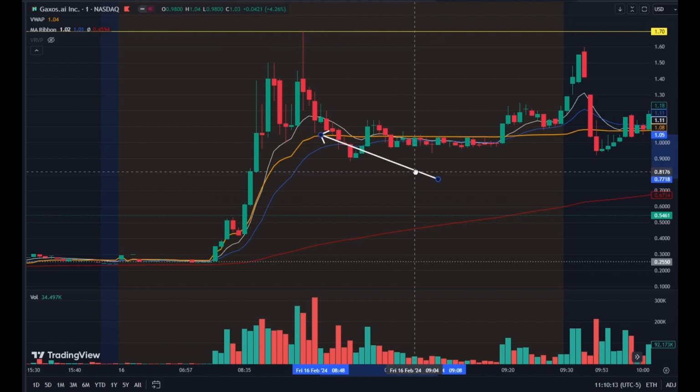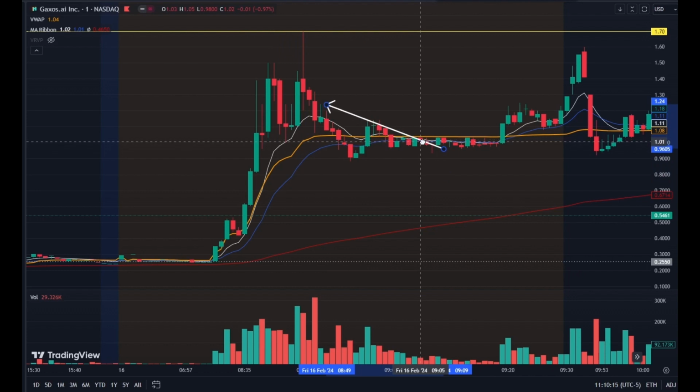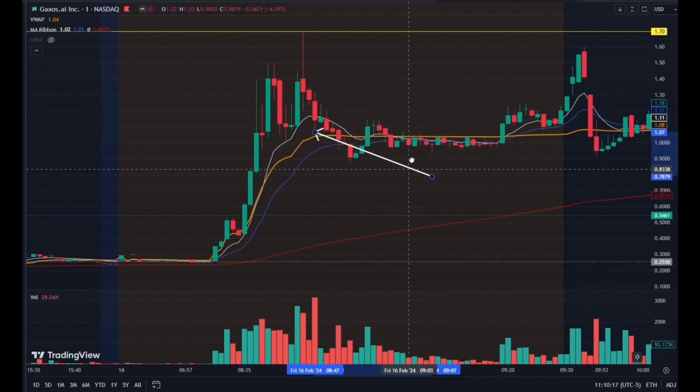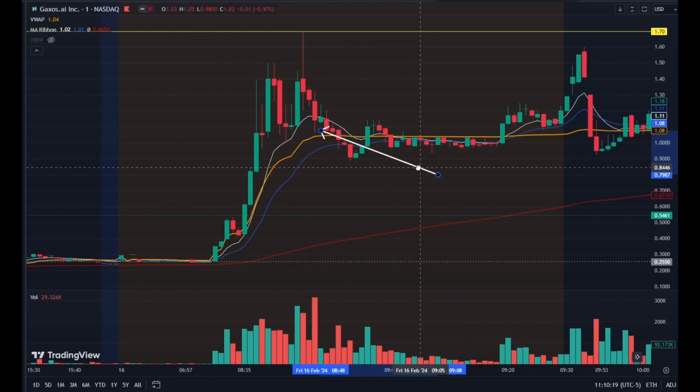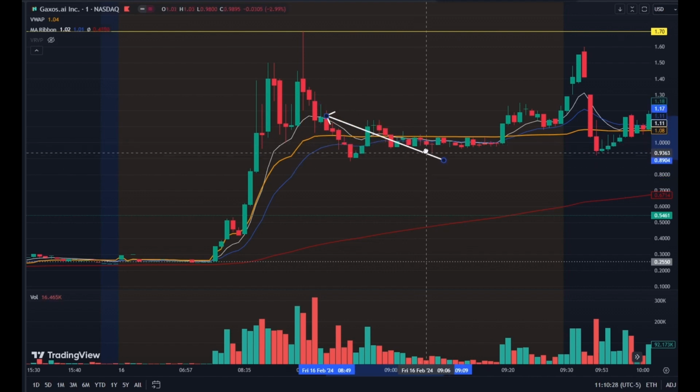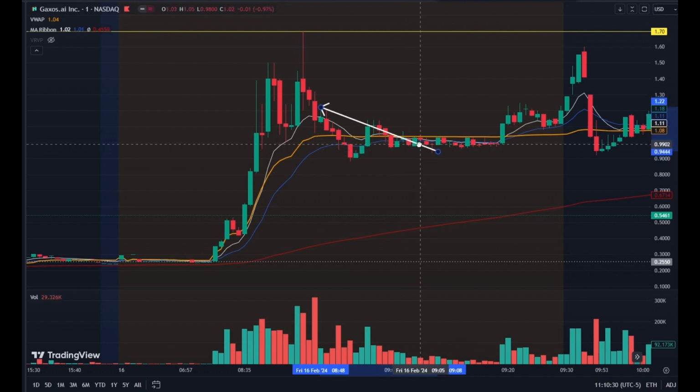So this is showing 105, and it goes all the way to 124. So a 20 cent move on a quick dip, with 1,000, 2,000, 3,000 shares, that could be between $200 and $600.